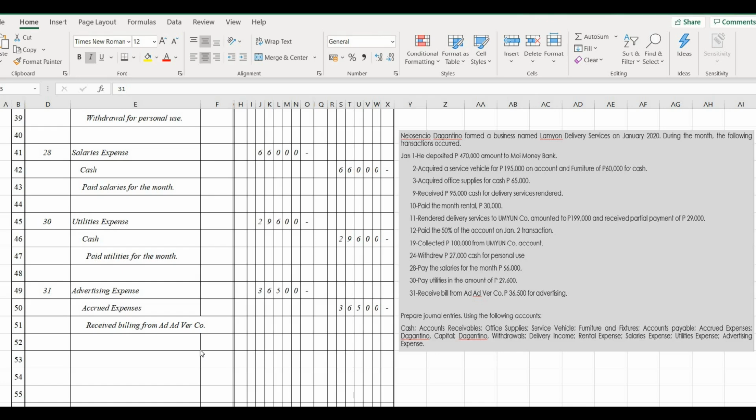So you already learned how to analyze a transaction in the previous lesson. So in this particular lesson, what we're doing is just to formalize our recording, no? Pina-formalize lang natin yung pag-record natin ng transactions in the form of journal entry using a journal.